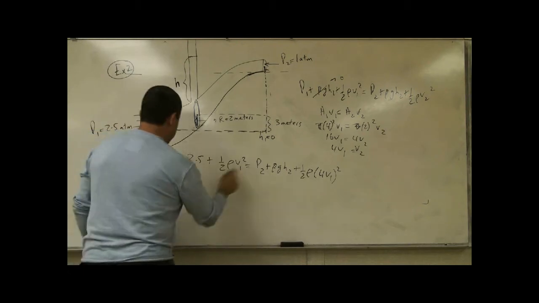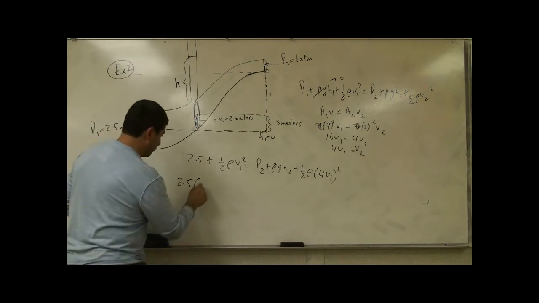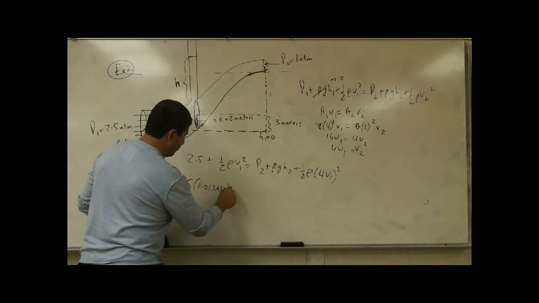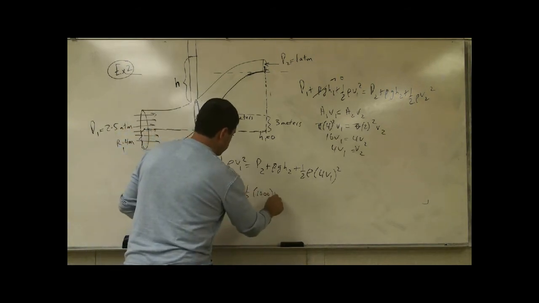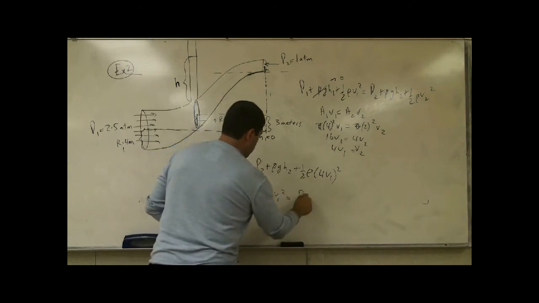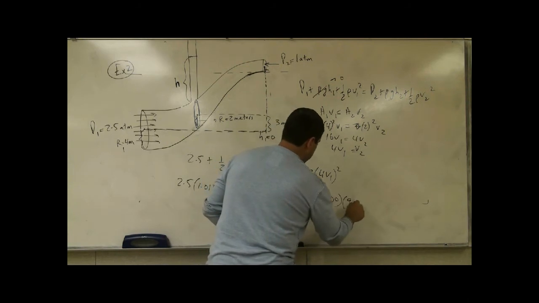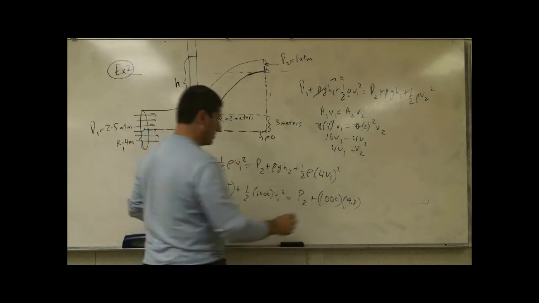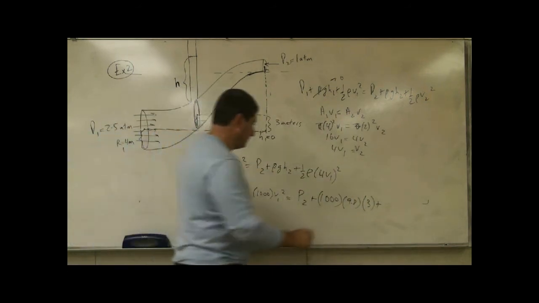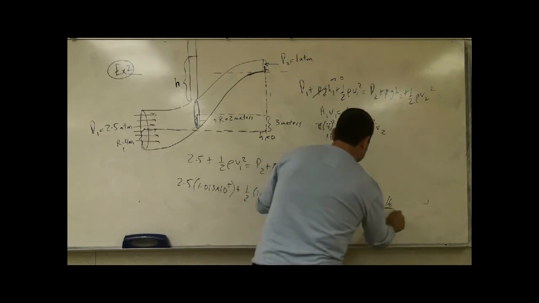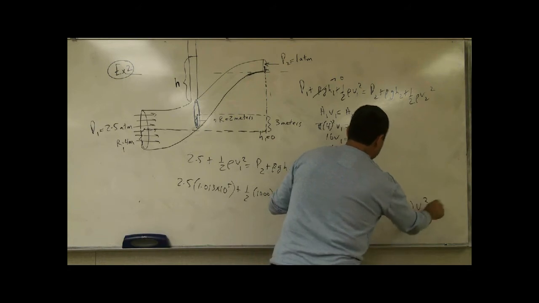So we have here 2.5, and remember, an atmosphere was 1.013 times 10 to the 5, plus half times 1,000 V1 squared. P2, we're going to solve for it. This one is 1,000 times 9.8, and then H2 was 3 meters. Plus 4 squared will be 16, 16 divided by 2 times 1,000 times V1 squared.